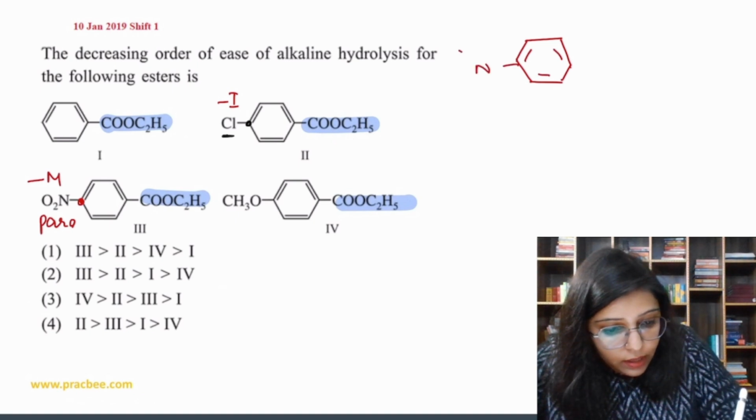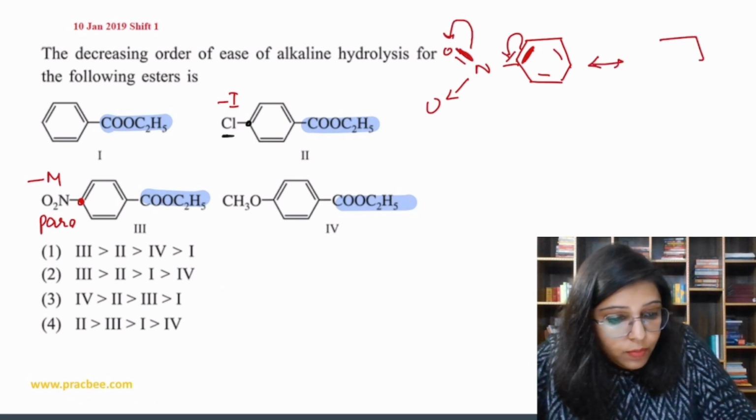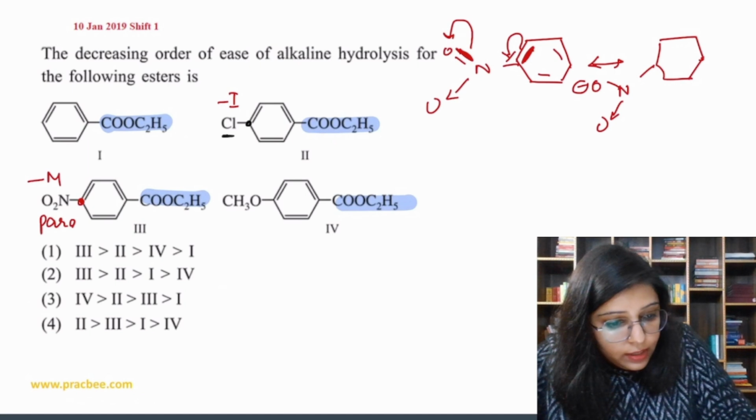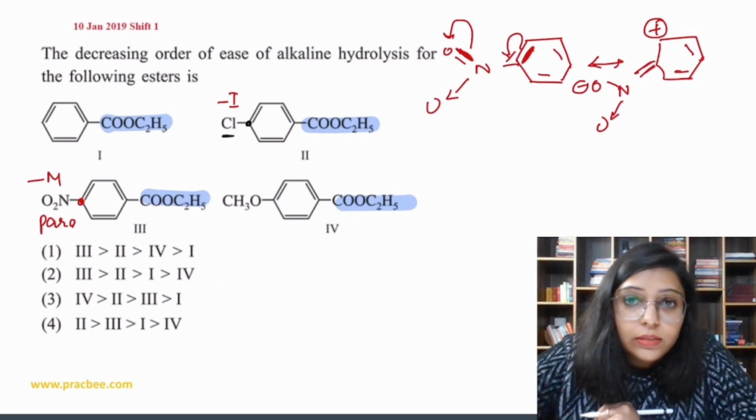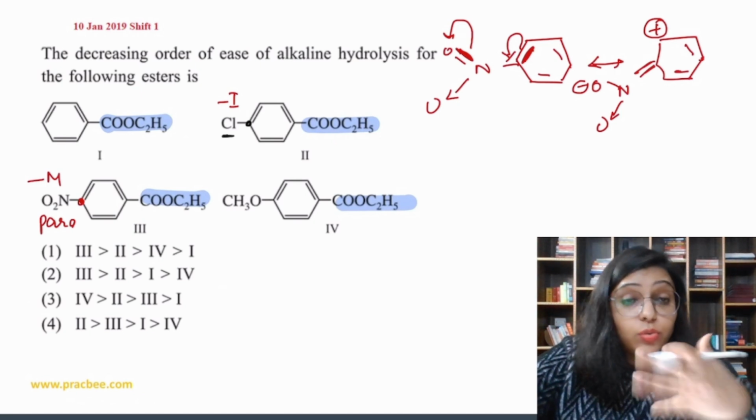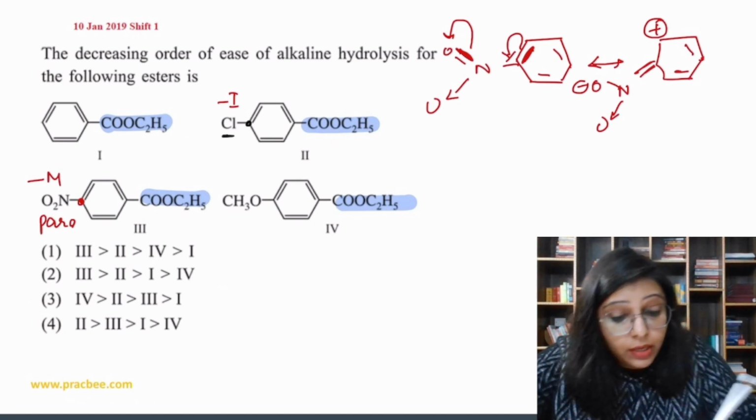If we have N double bond O, the electron of this bond shifts over here and the electron of this bond shifts to oxygen, so we form our resonating structure like this, with O minus, and this is going to be positive. So this is basically the minus M effect.